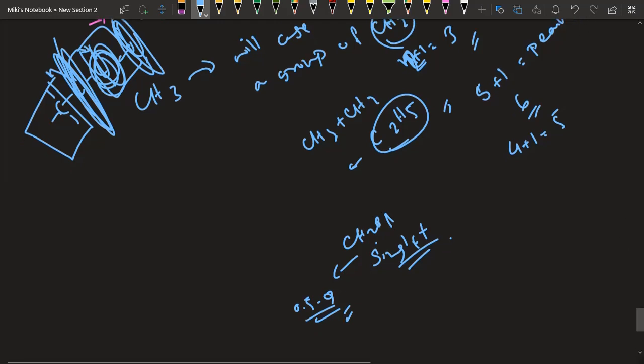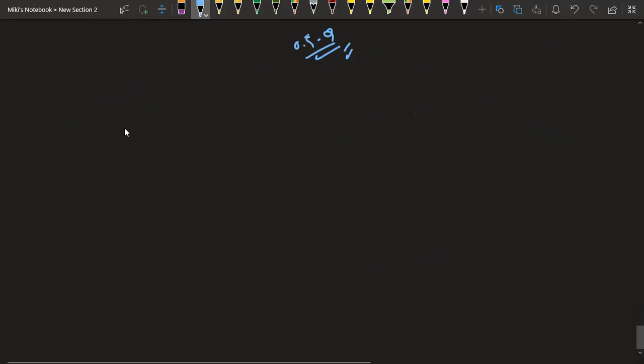Let's move on to the next example. Here we have, let's say, CH3, CH2, O, COOH. We also have to define this one. So we have the CH3 group, the CH2 group, and the COOH group. In total, how many environments can we see here?